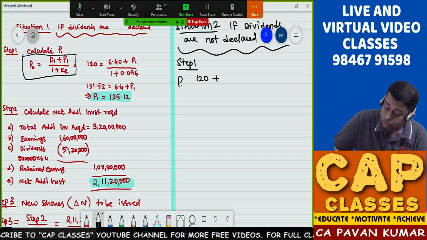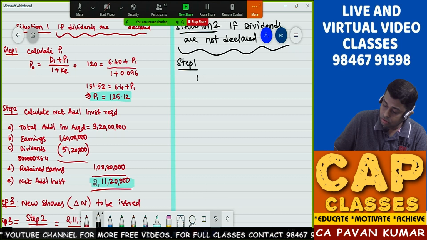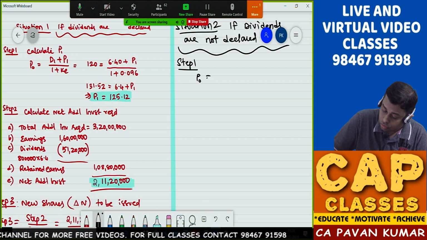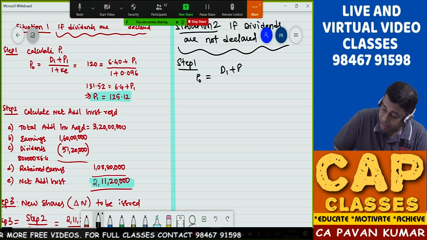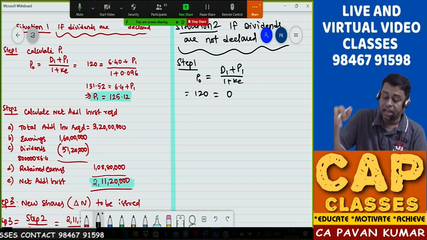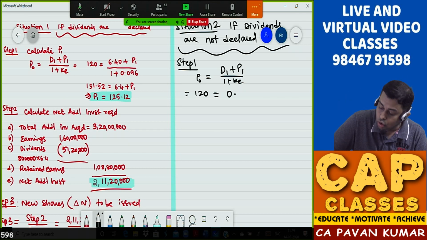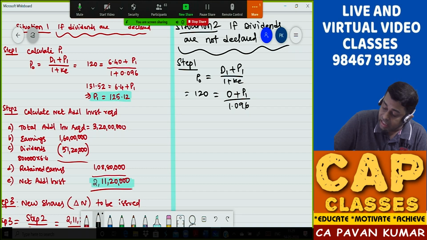P0 is equal to (D1 plus P1) by (1 plus KE). P0 I know is 120, dividend is 0. Why? In this situation we are not declaring any dividend. So 0 plus P1, which we don't know, divided by 1.096.